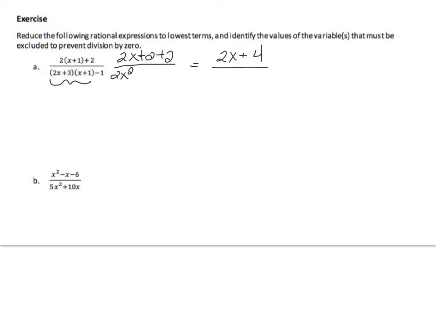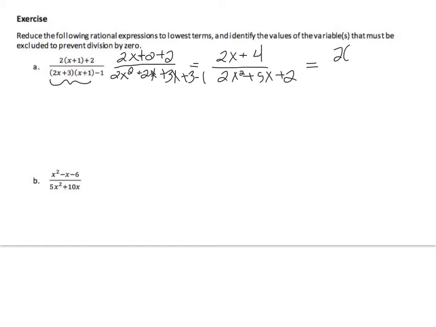Outer is 2x, inner is 3x, plus 2x, plus 3x, plus 3 minus 1. Simplify that a little bit more. I get 2x squared, let's see, plus 5x, plus 2. Cool. Simplify a little bit more.